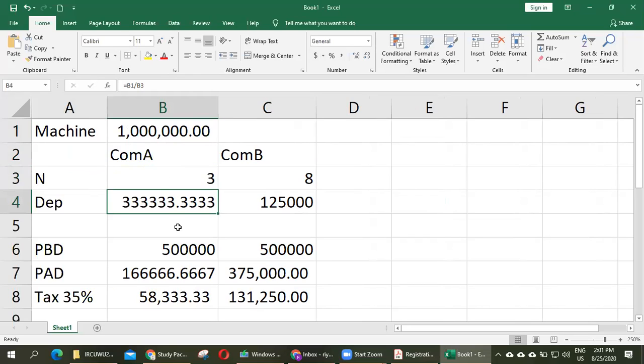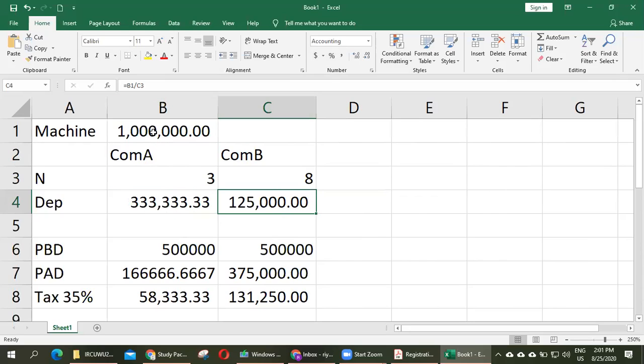For company A, 1 million divided by 3 years, therefore about 333,000. And for company B, 1 million divided by 8 years, therefore depreciation is 125,000.